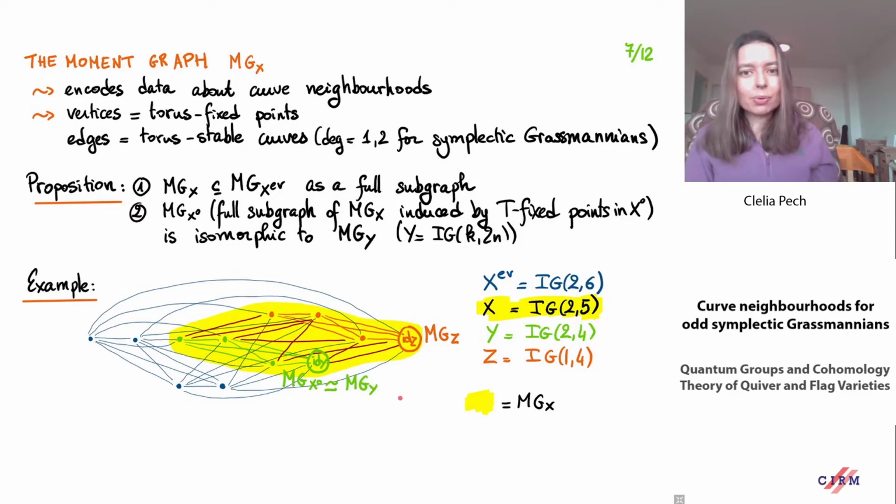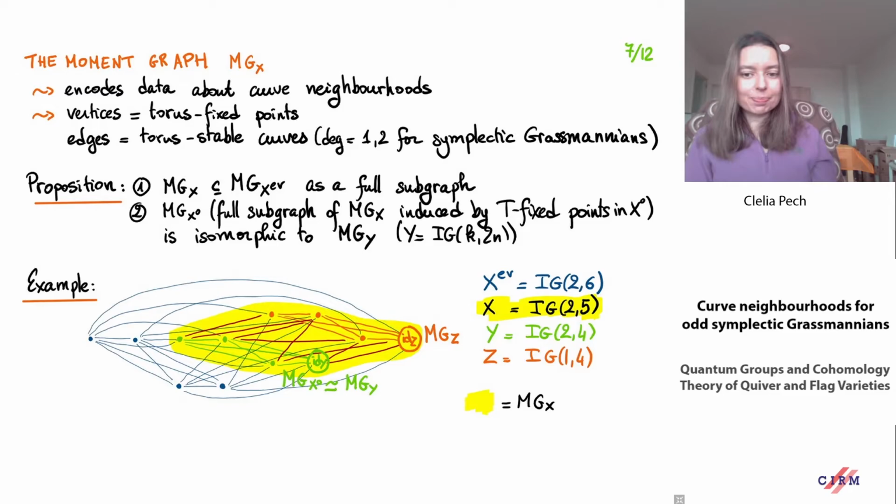And those few arrows, we are able in the paper to describe what they are, their degrees, and quite a few conditions to understand how they work. So more or less, the data about this moment graph is just about understanding the moment graph of those two closed orbits, which are homogeneous.